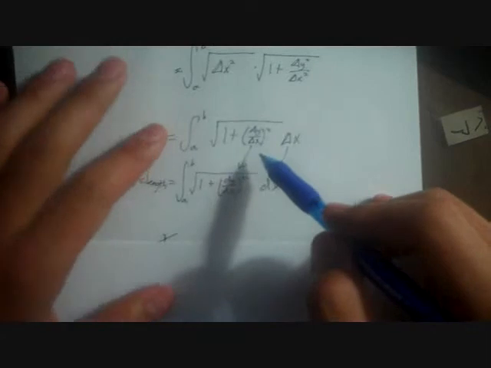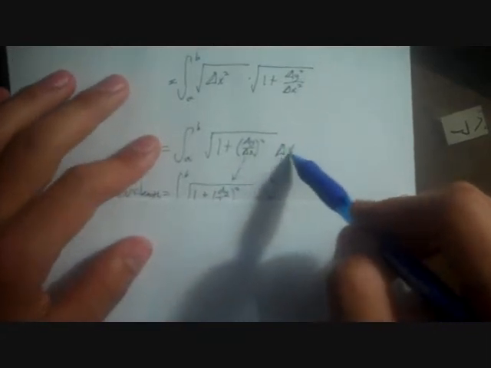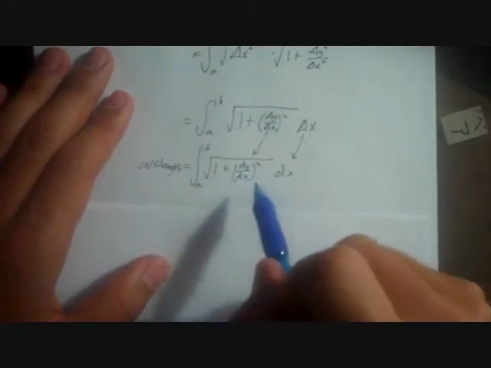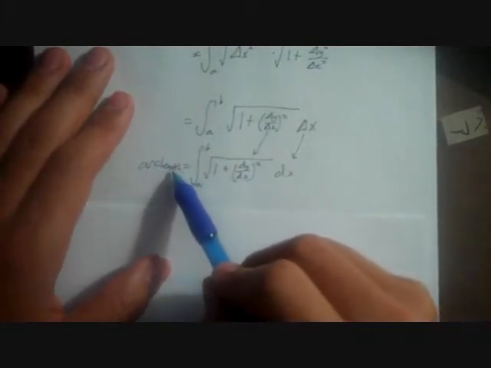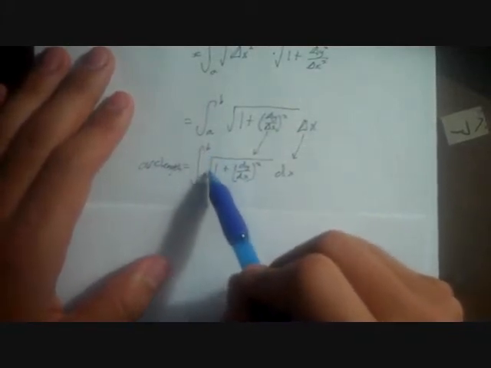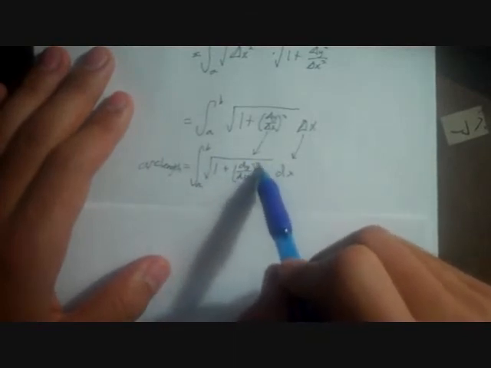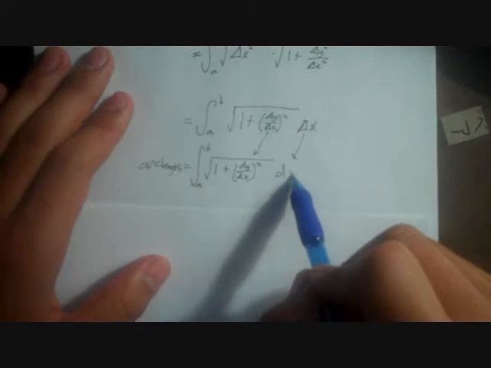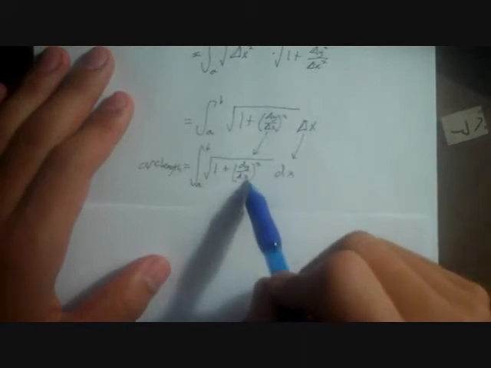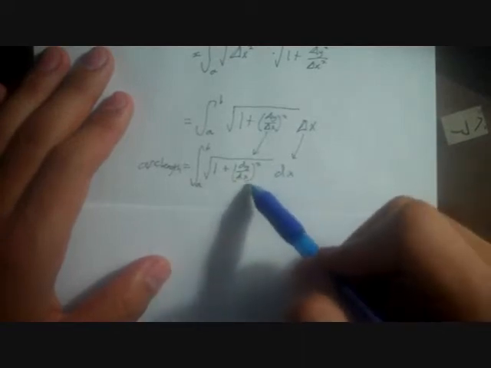Now delta x and dx is the same thing. So we can now easily integrate: our arc length of a curve from a to b is just the integral of the square root of 1 plus (dy/dx) squared with respect to x, where dy/dx is the derivative of the function, of the curve that we're trying to find the arc length of.